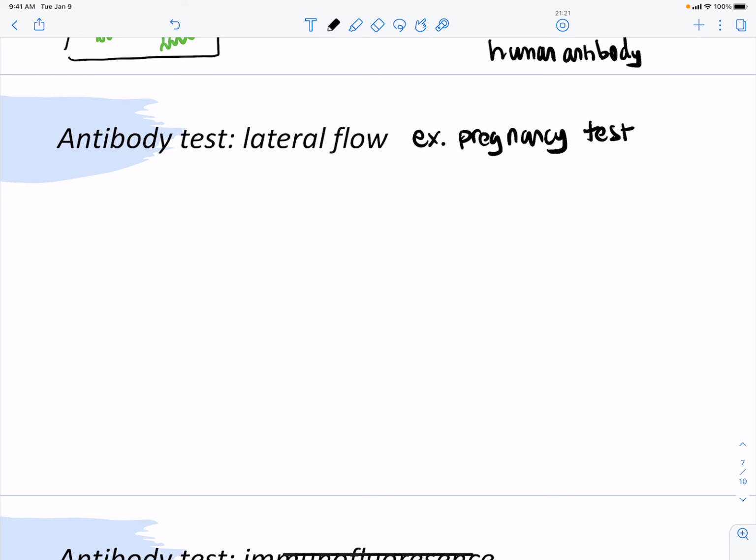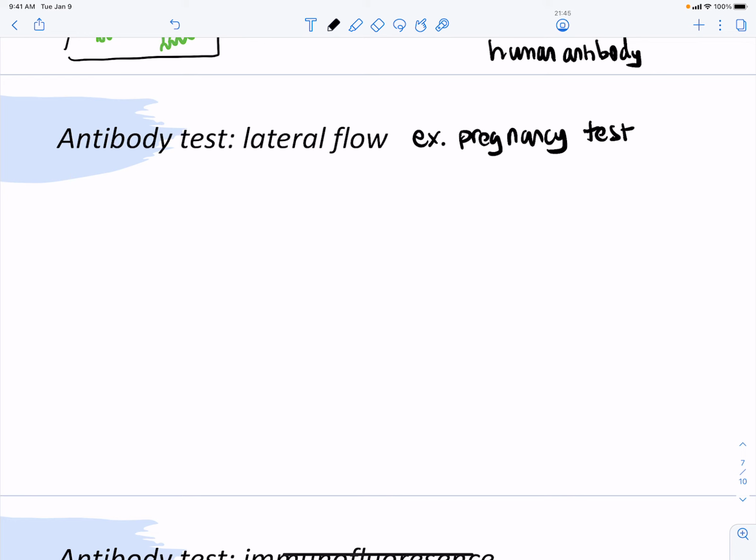Now, the basis of this is to determine if a specific protein, antigen, or antibody is present in whatever body fluid you're testing. You can be testing serum, you can be testing urine, you can be testing saliva. And it's very similar to an ELISA, except it's engineered to flow.